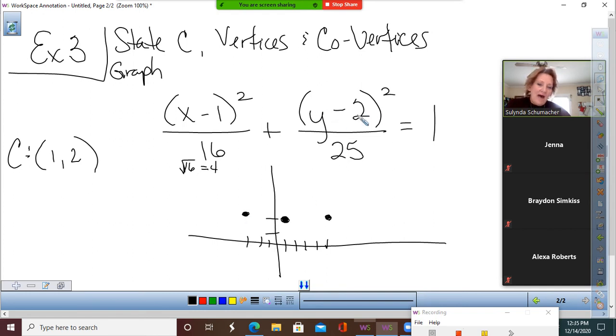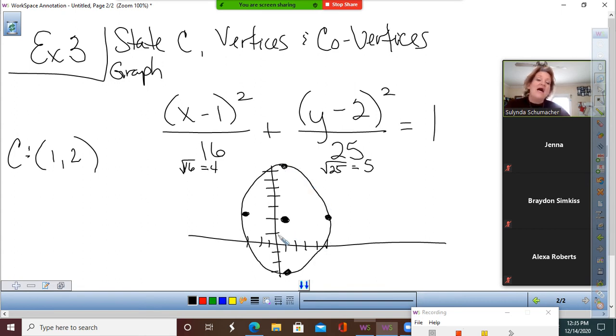Under my y, I have 25. If I square root 25, I get 5. That means I'm going to go up 5 and down 5. And 1, 2, 3, 4, 5. And then I'm going to connect my dots. All right, so that's graphing it.